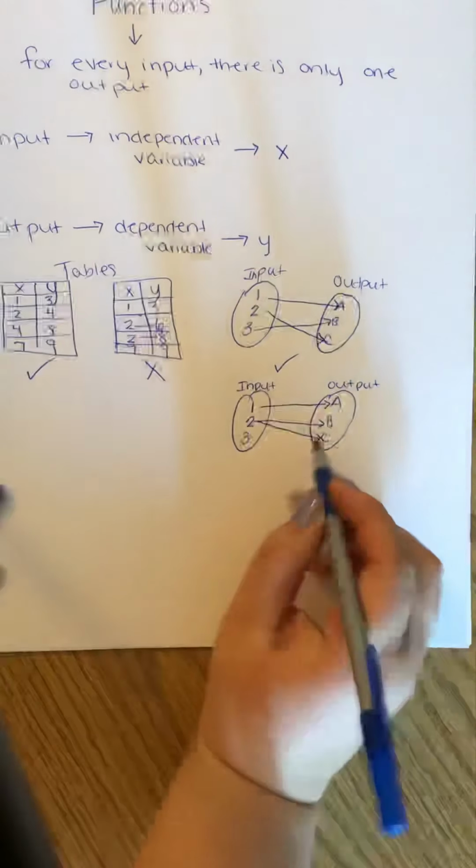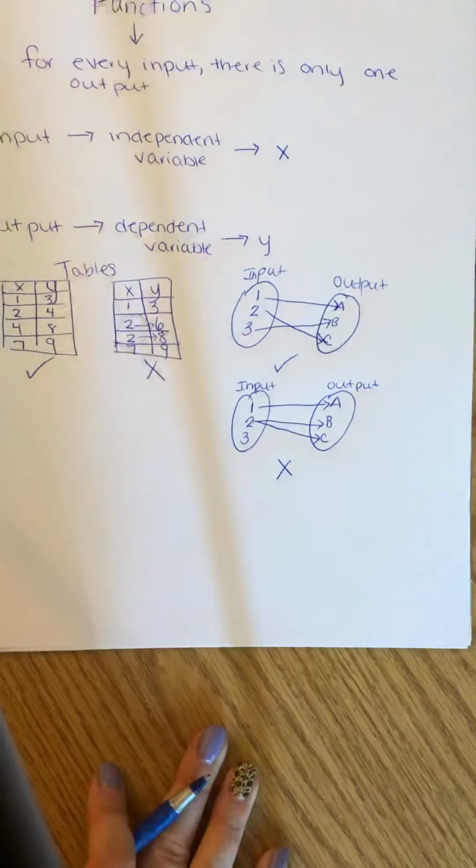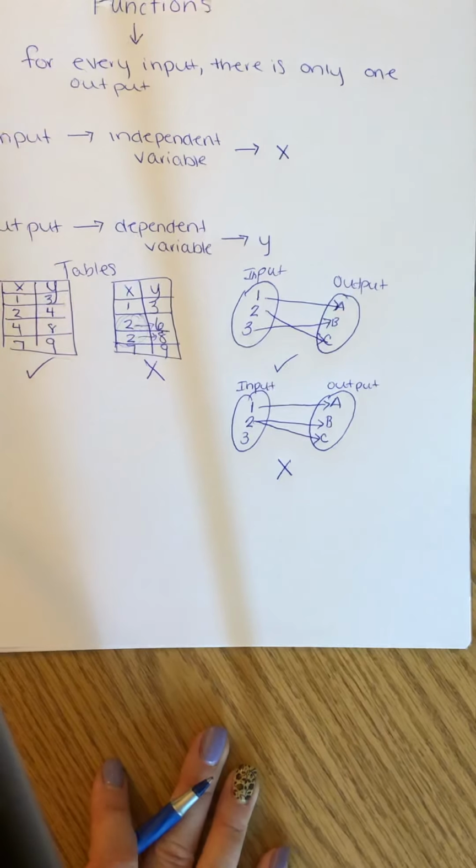So that would not be considered a function, because that means that when I put 2 in, I have no idea what I'm going to get for a solution. I could either get B or I could get C. The whole idea of whether it's a function means that I can predict with certainty what I'm going to get. When I put something into that function, I'm going to know exactly what I get out of it.